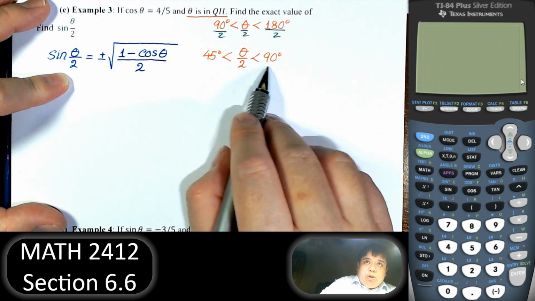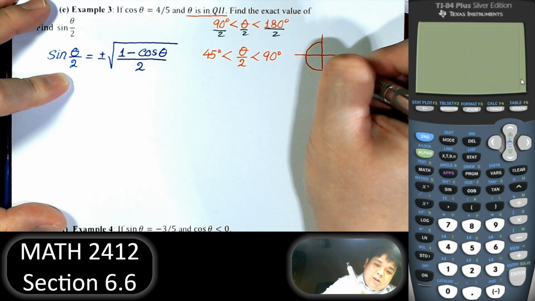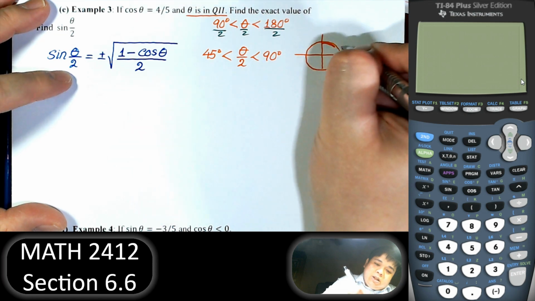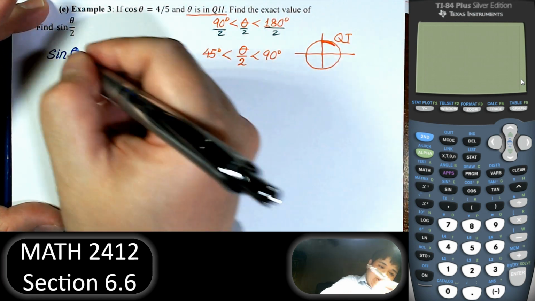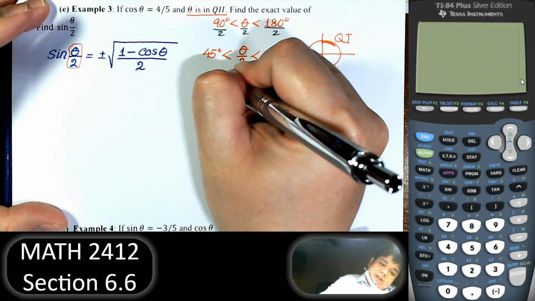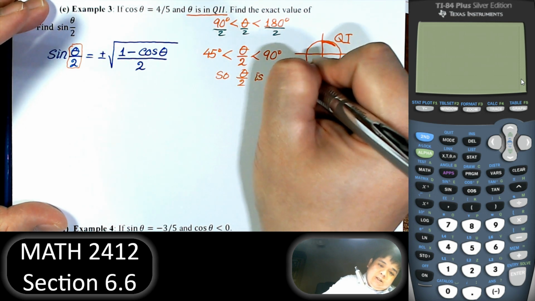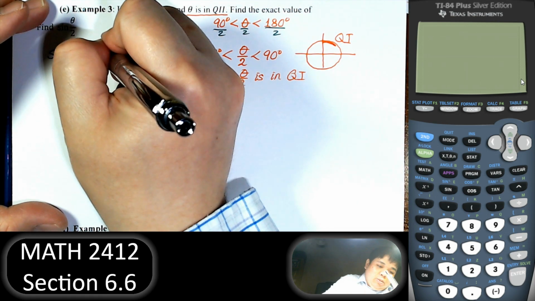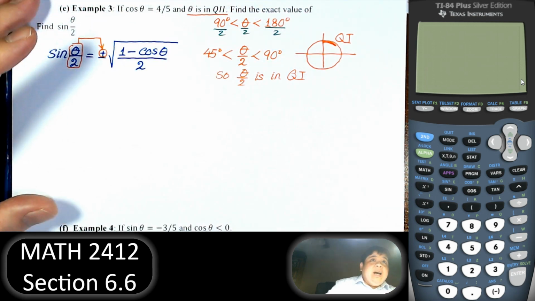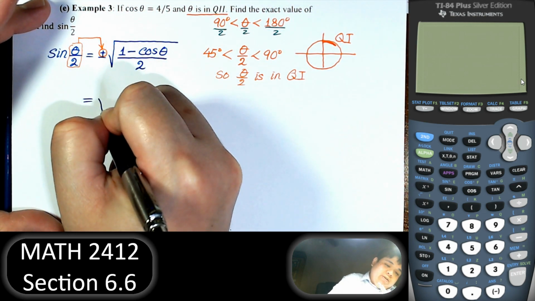If it is between 45 and 90 degrees, it's in quadrant 1. So sine of theta over 2 is in quadrant 1. It's going to be positive, because in the first quadrant, every trig function has positive values. So we're going to be positive.